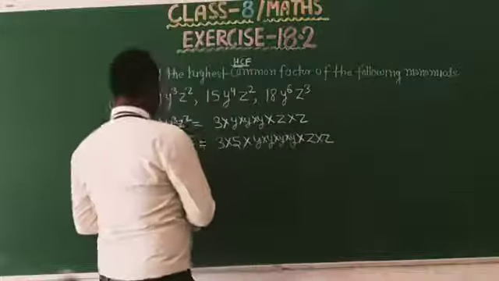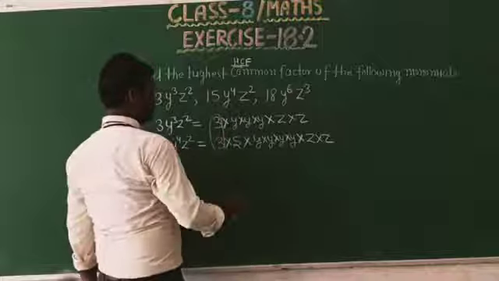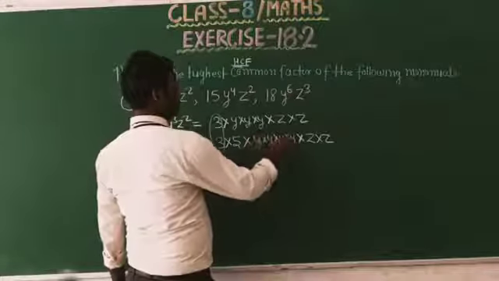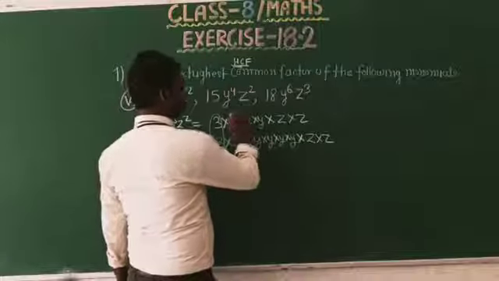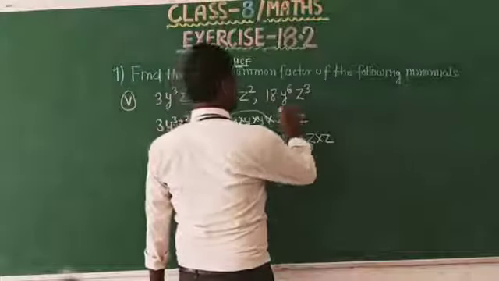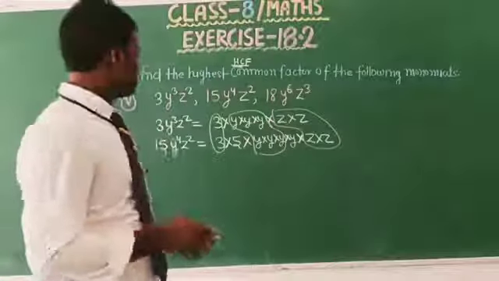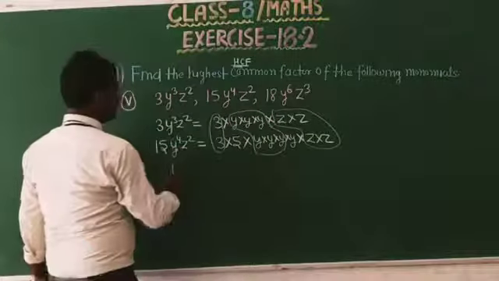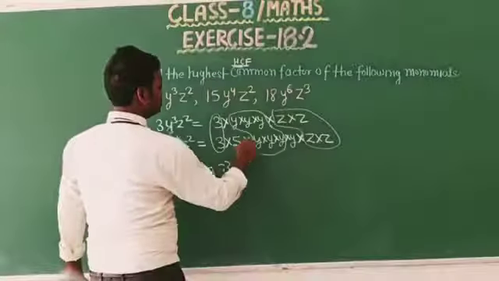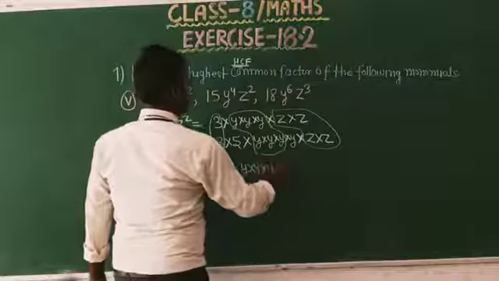So here 3 is common in both expressions, and also 3y is common, and 2z. So this is the highest common factor: 3 into 3y and the product of 2z.